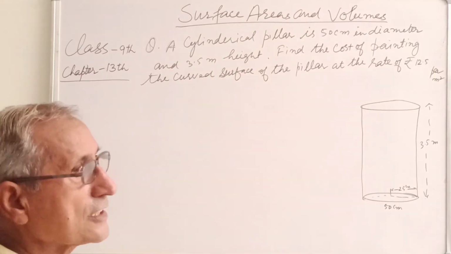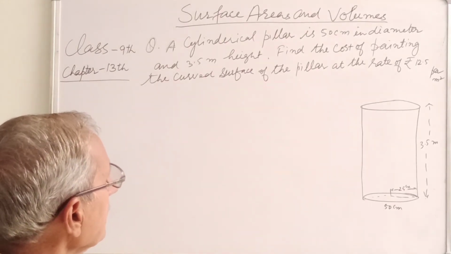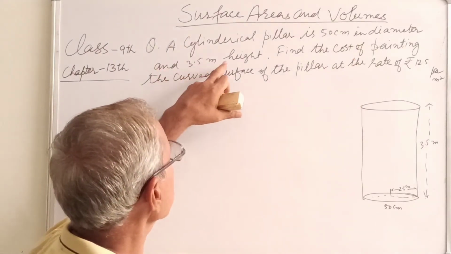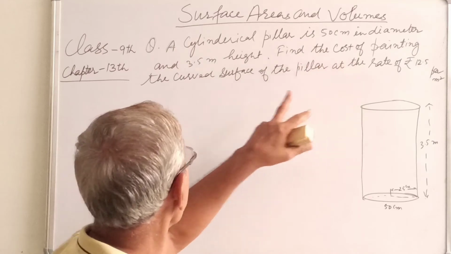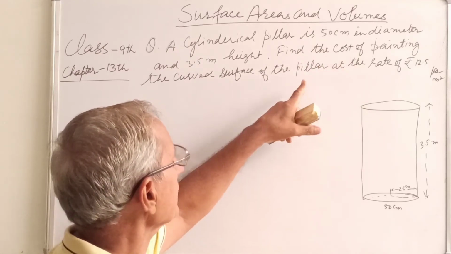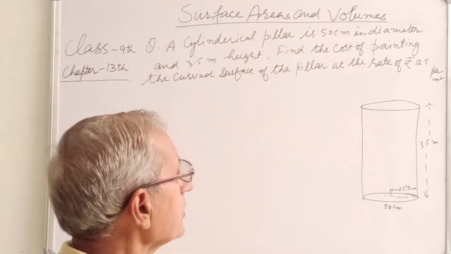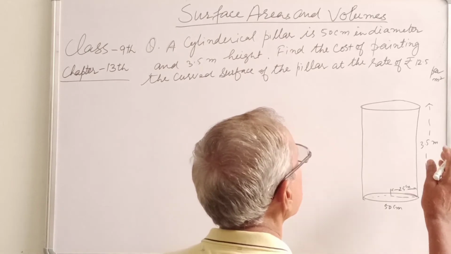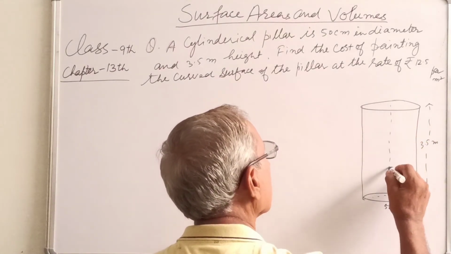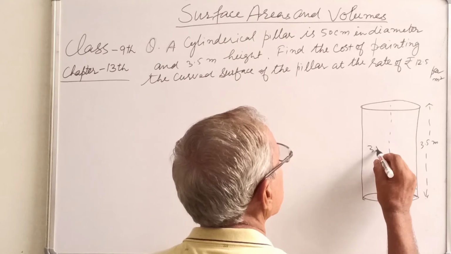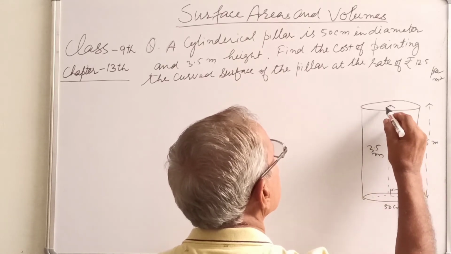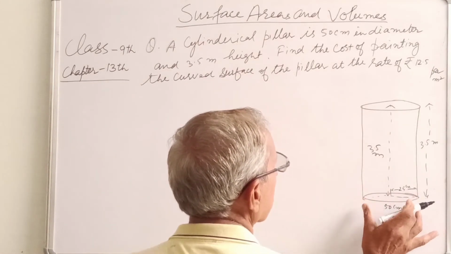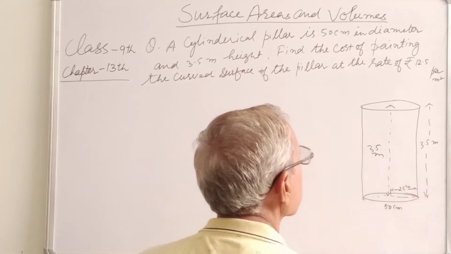The next question is, a cylindrical pillar is 50 centimeter in diameter and 3.5 meter height. Find the cost of painting the curved surface area of the pillar at the rate of 12.5 rupees per meter square. So this is a cylindrical pillar of height 3.5 meter and the diameter is 50 centimeters. The radius will be 25 centimeters.